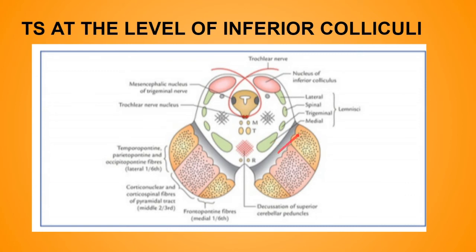This is the substantia nigra. From medial to lateral, we have the medial lemniscus, trigeminal lemniscus, spinal and lateral lemniscus. Remember, the lateral lemniscus is posterior to the spinal lemniscus and ends in the inferior colliculus.